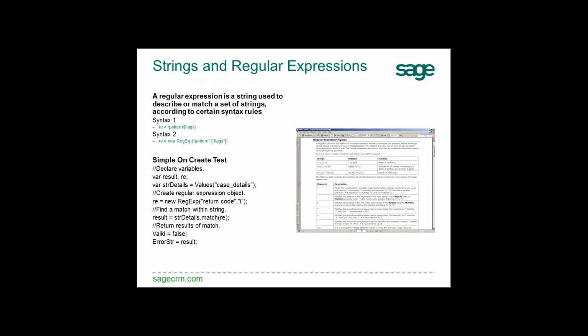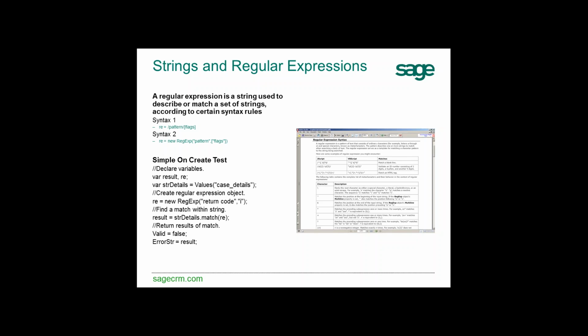There are different types of inbuilt objects within JavaScript to allow us to define a regular expression object, which is a string, looking at the pattern of return code, and we can then see whether another string contains that particular sequence of letters. Now, if it does, then we can carry out the behavior that we want.